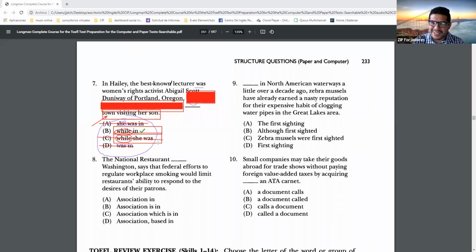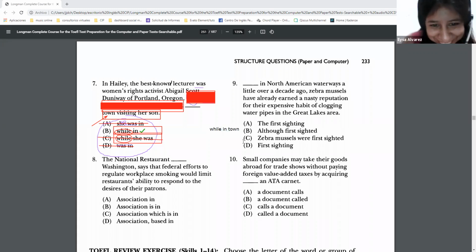Do you understand this part or no? If you choose letter C, that means that you have two subjects, she and town. But if you choose letter B, "in town" is a prepositional phrase. So while in town, this "in" converts town into a prepositional phrase.